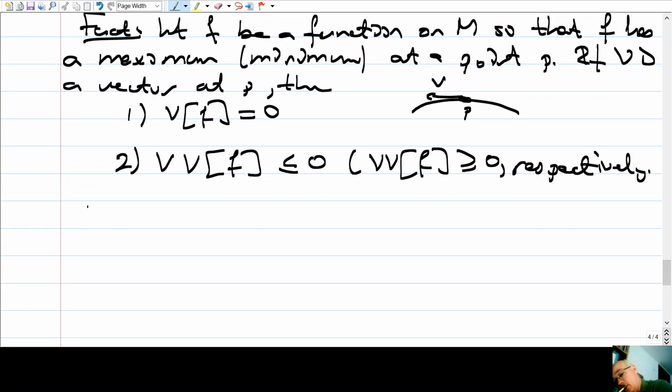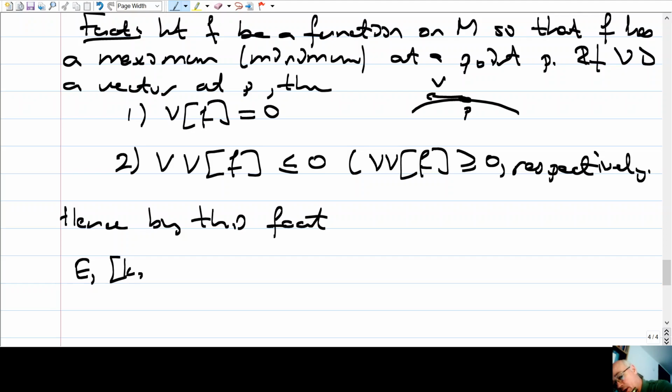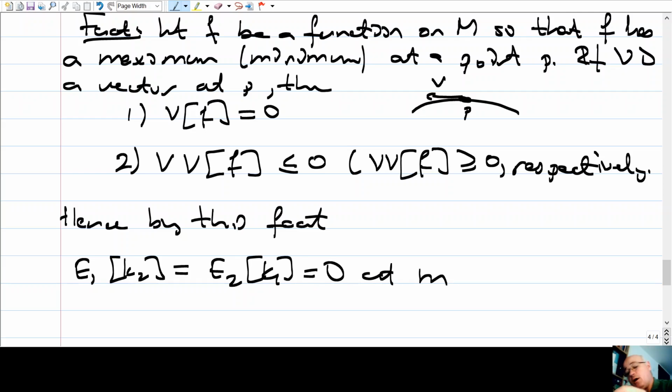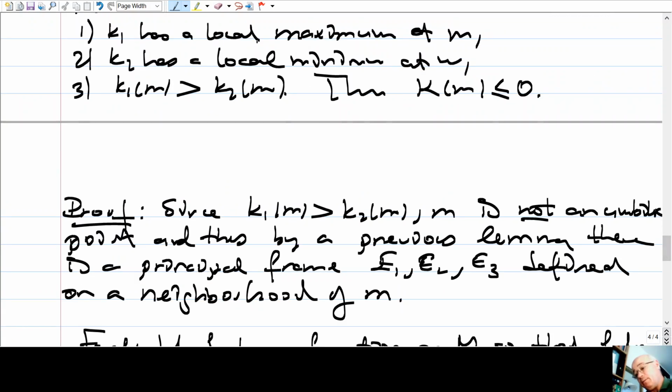So, hence, by this fact, we have this E1 of K2 and E2 of K1, they are both 0 at M, because K1 had a maximum at M and K2 had a minimum.